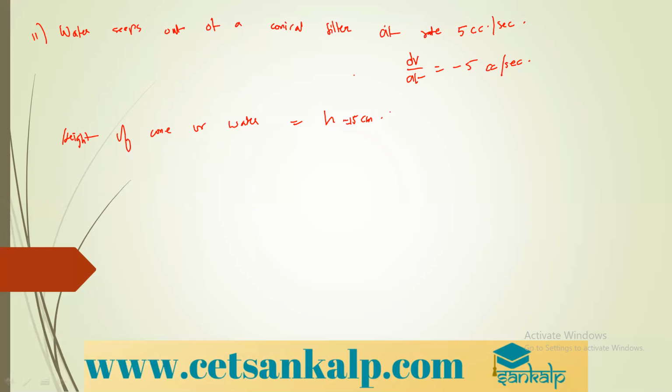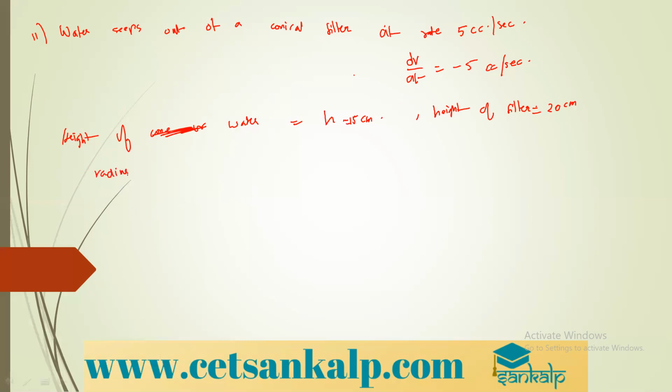Height of the water is given as h, that is 15. Mainly height of the water you can take, not cone, because height of the filter is given as 20 centimeters.